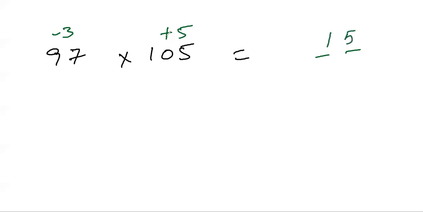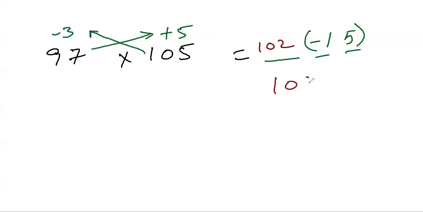But minus into plus is minus, so minus 15. Initial digits, how will you write? 97 plus 5 or 105 minus 3, anything is same. 97 plus 5 is 102 or 105 minus 3 is 102. Your answer is 10185.